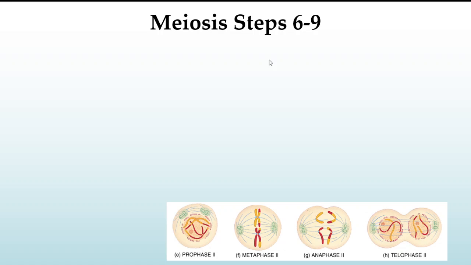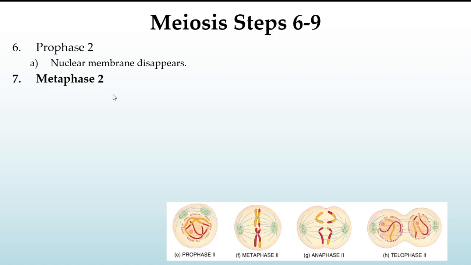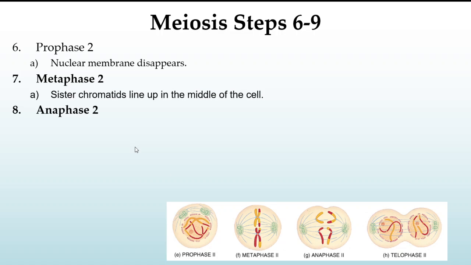And then we go into what we call steps 6 through 9. Again, we go through prophase 2. We have our crossing over, okay? And the nuclear membrane disappears. Then we head into metaphase 2 here, where they line up. They're going to get split apart, okay? And then in anaphase again, they get separated, pulled to the sides.